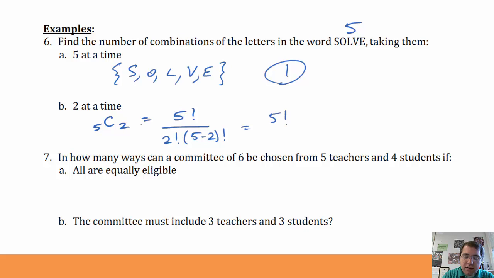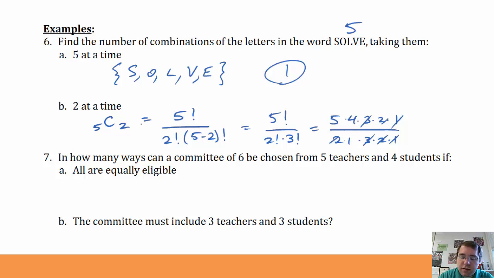That's 5 factorial divided by 2 factorial times 3 factorial. 5 factorial is 5 times 4 times 3 times 2 times 1. 2 factorial is 2 times 1. 3 factorial is 3 times 2 times 1. The 3 times 2 times 1 cancel. 2 goes into 4 2 times, and this is just 5 times 2.